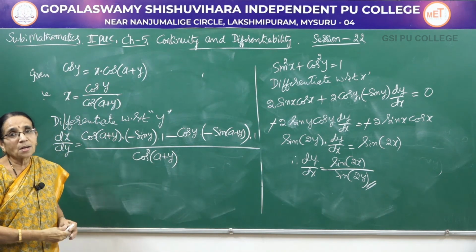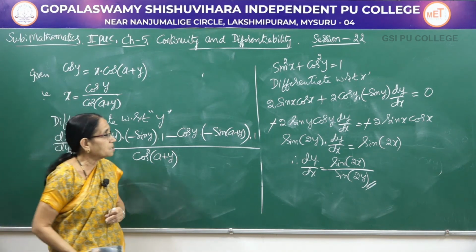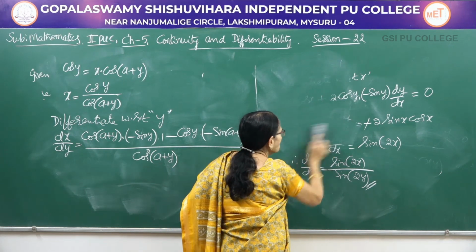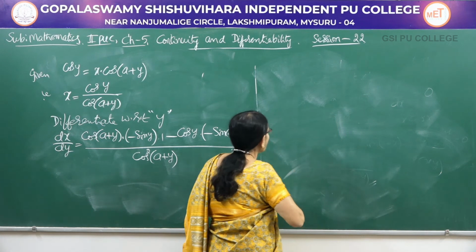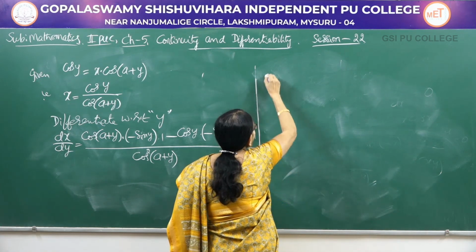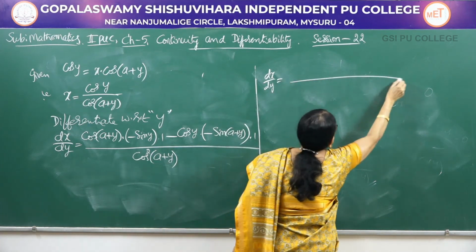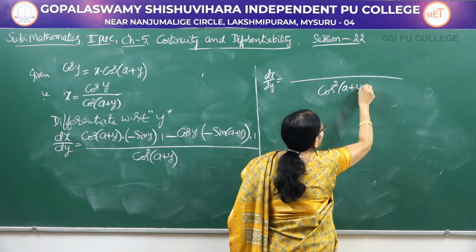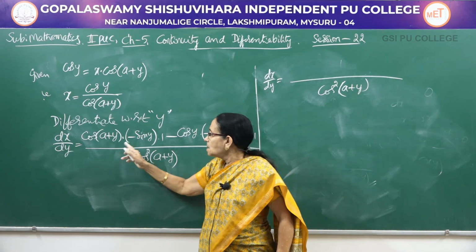See, this we wanted in the answer, it came into picture here. Afterwards, arranging the terms, you certainly can get the required result. Now, let me write the numerator in the proper order, multiplying by the proper sign. So, the left hand side is dx by dy, and the denominator of the right hand side, first I am writing, it is cos square of a plus y. Now, look at the terms here.